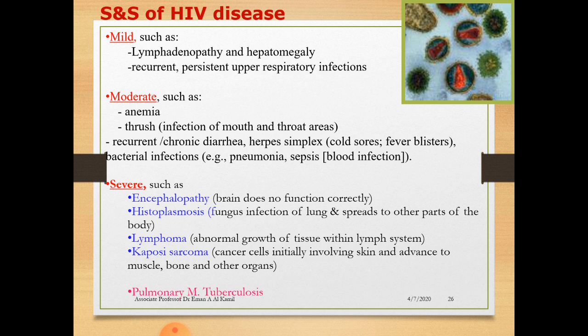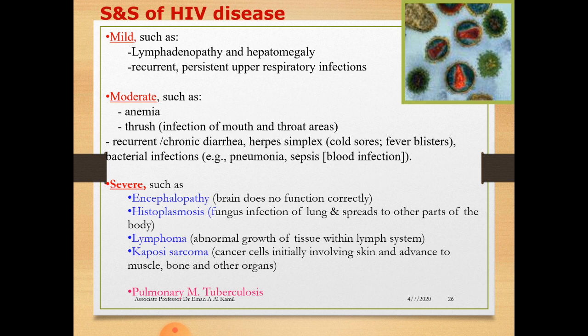Severe cases may develop encephalopathy, histoplasmosis, which is a fungal infection of the lung that spreads to other parts of the body, or lymphoma, which is an abnormal growth of the tissue of the lymph system. Some patients may have Kaposi sarcoma.